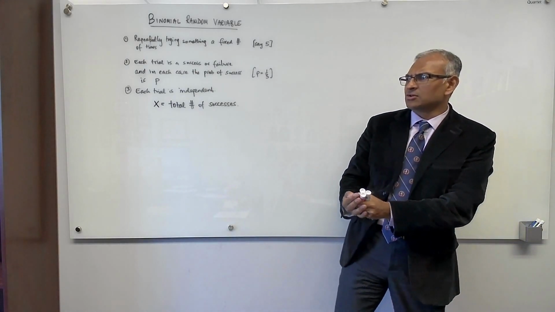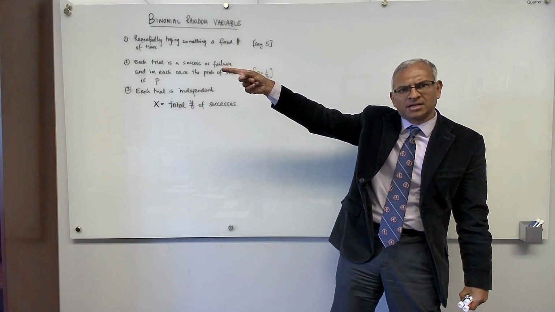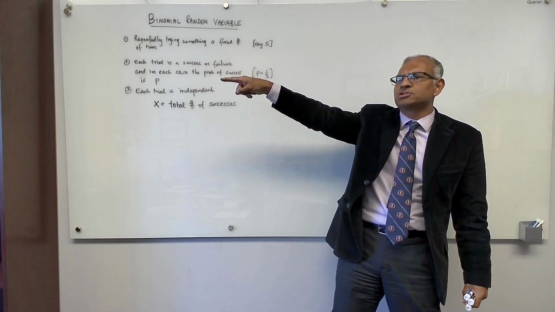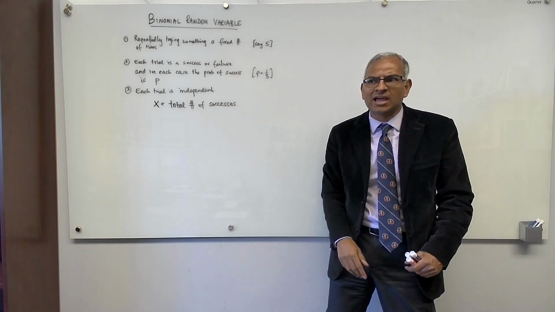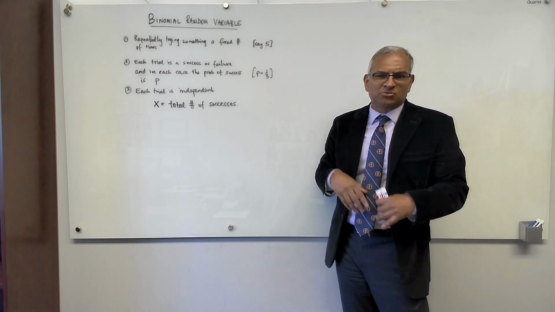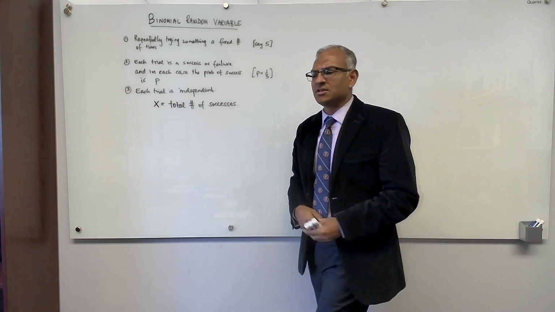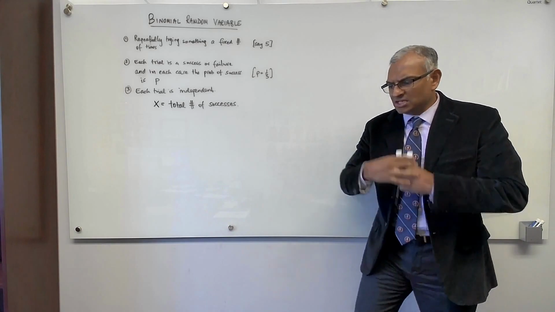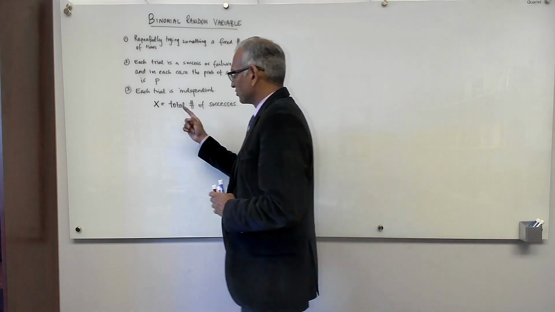You get 50 shots at shooting a bullet at a target, and each time you succeed in hitting the bullseye with, let's say, probability 1 in 10. If you shoot 50 times, I'm interested in how many times I hit the bullseye. This is a very common experiment in practice: you get a certain number of trials, you try to succeed each time independently with success probability p, and we're interested in the total number of successes.